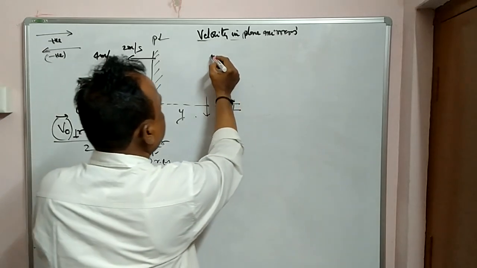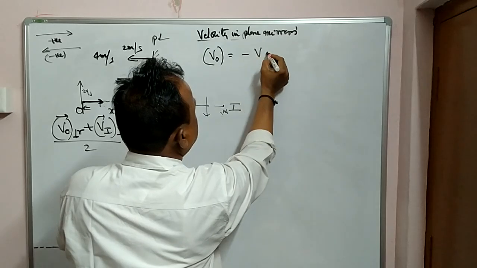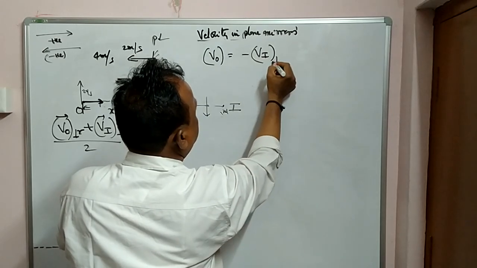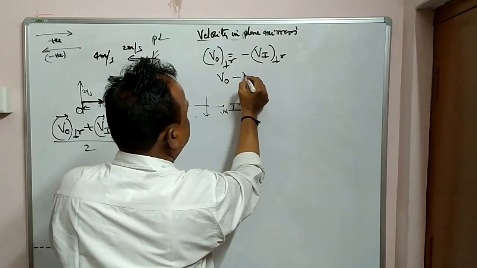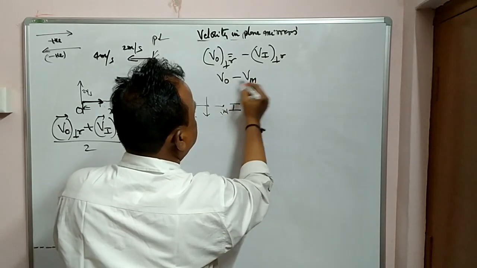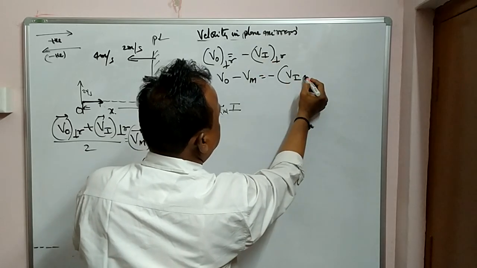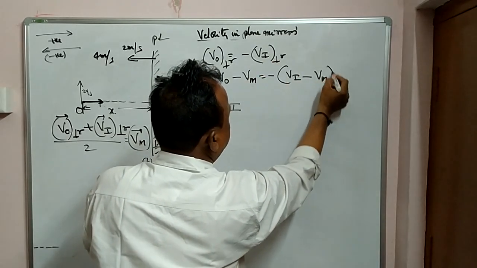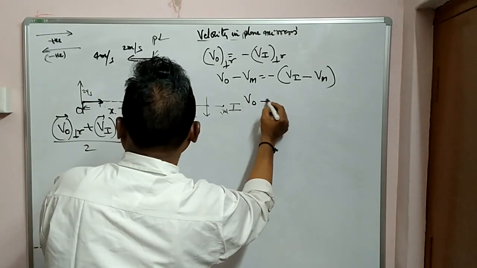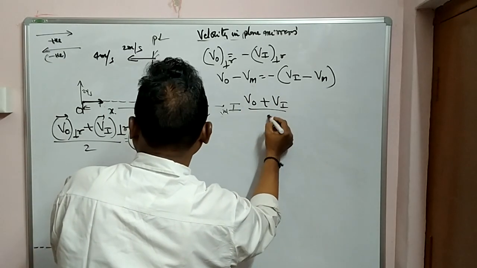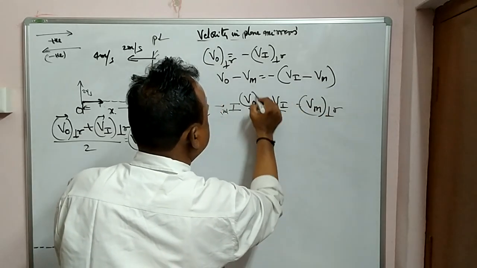Now here you already know the relation between the velocity of the object and the velocity of the image in the perpendicular direction. The velocity of the object with respect to the mirror minus the velocity of the mirror is equal to minus the velocity of the image, again with respect to the mirror, so the velocity of the image minus the velocity of the mirror. Operating on this, we get the formula: V_O plus V_I by 2 is equal to V_M. All these are perpendicular, not parallel, please.